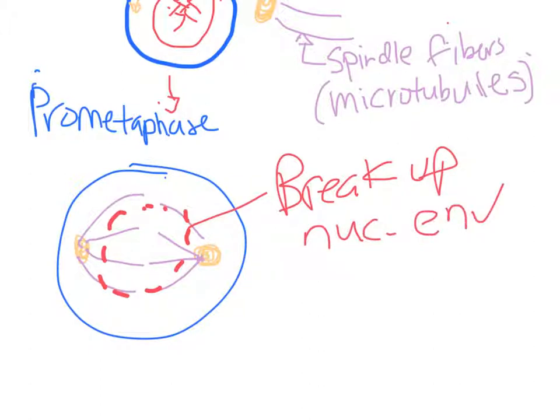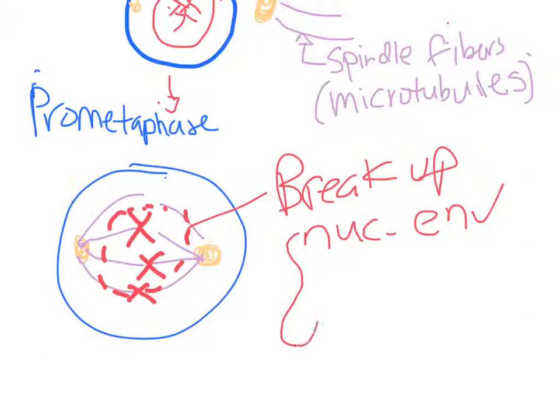And then our chromosomes that are condensed are going to be getting attached to spindle fibers. So the spindle fibers kind of grow and shrink and grow and shrink until they connect with this middle part, or a part on the chromosome called the kinetochore.